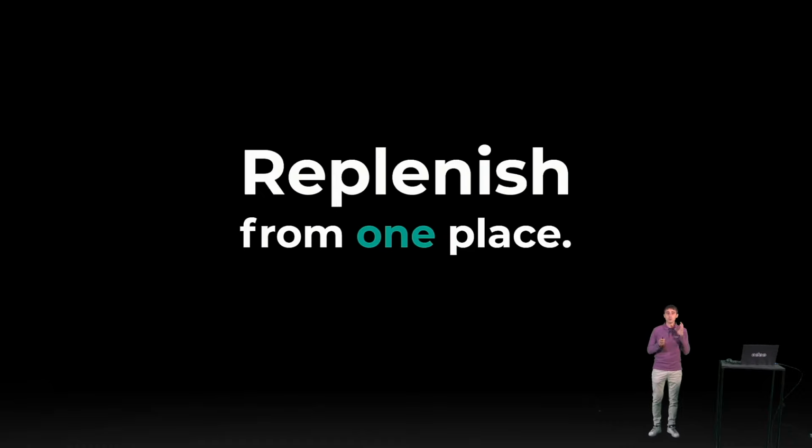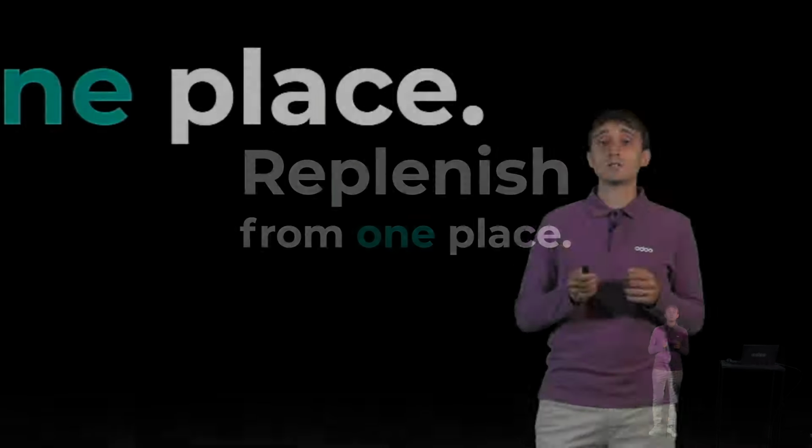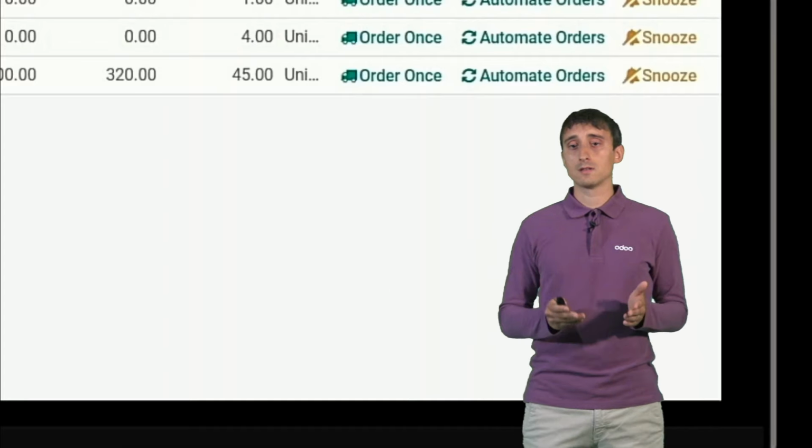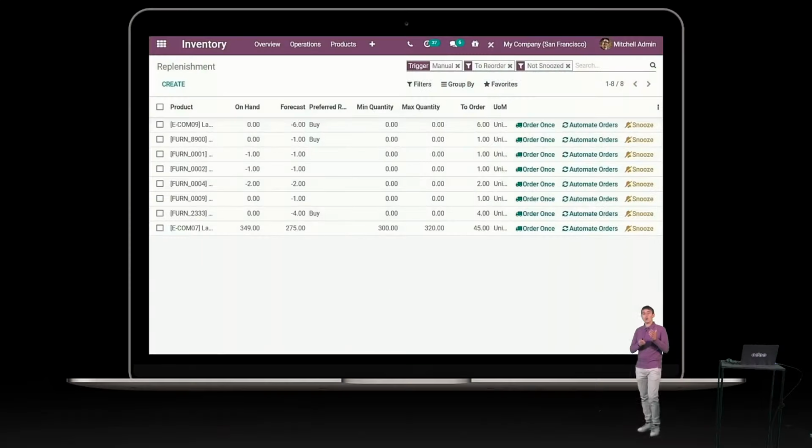So let me show you a few features of this new replenishment menu. The first thing is that you can replenish everything from one place. If I look at it, I see all the products likely to be reordered, either because they have a negative forecasted quantity, or because they have a manual reordering rule defined on this product.